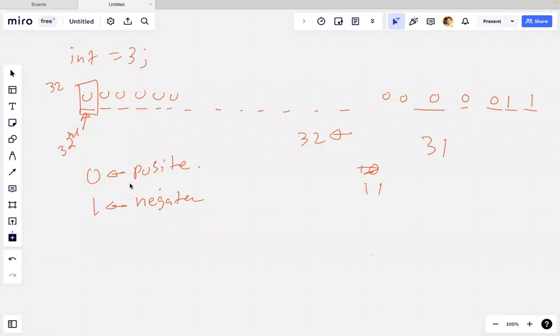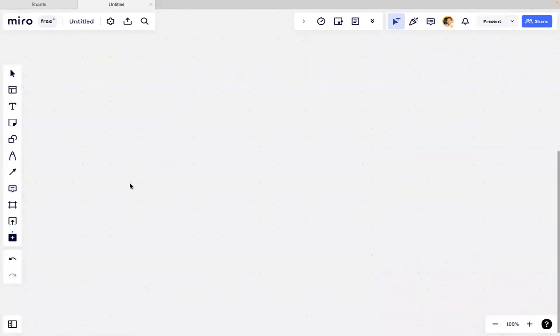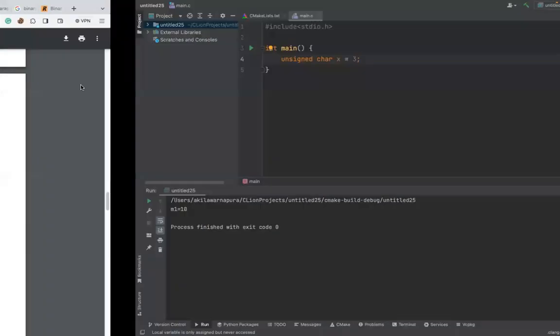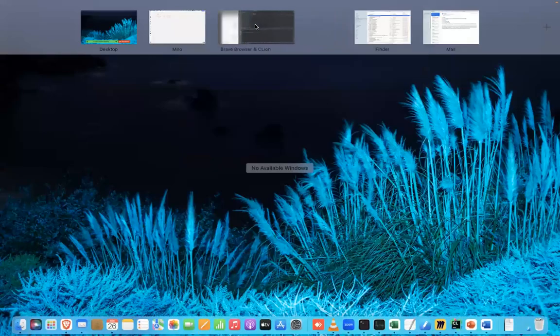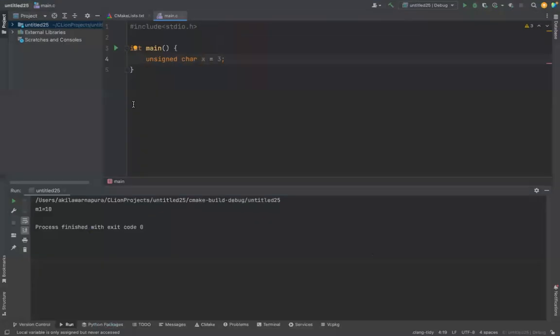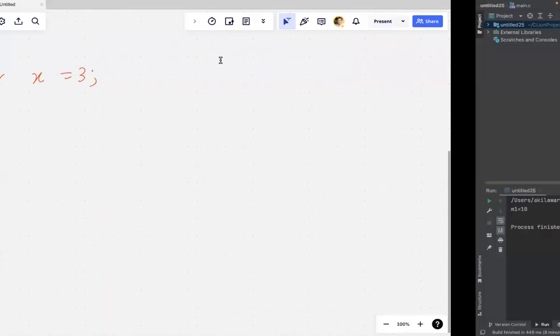Here I take char. Char x is 3. Here also you can provide unsigned or signed. So that means unsigned char.